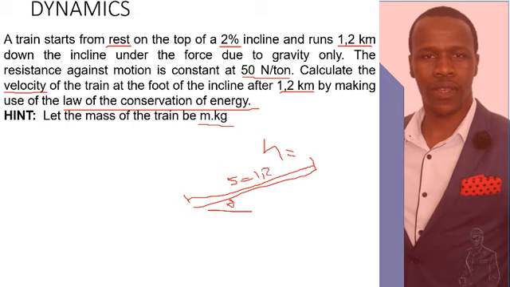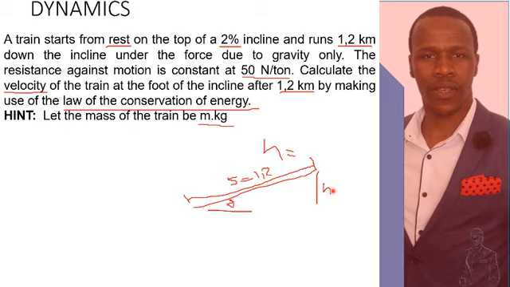Then at the top we will have our h, and at this side this is the angle. So we have the angle, we have s, we have h, and we have the slope.